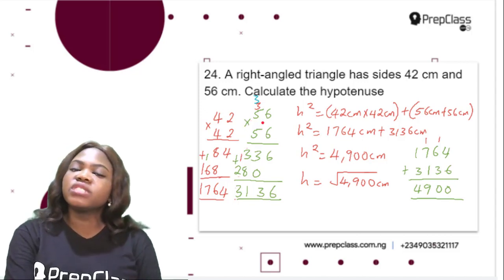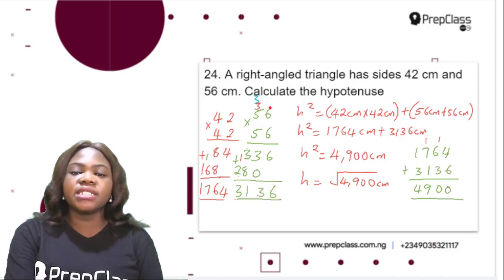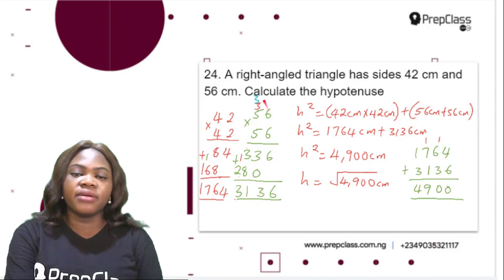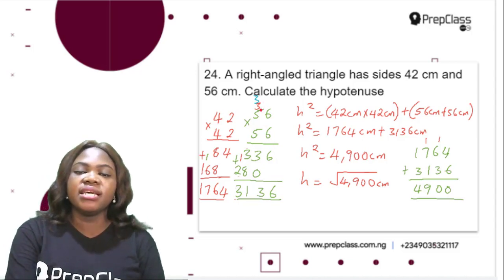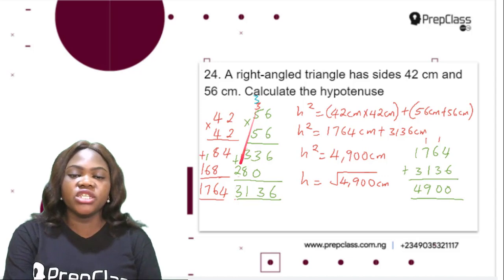Okay, so now let's do 56 multiplied by 56. 6 times 6 is 36. Write 6. Carry 3. 6 times 5 is 30. 30 plus 3 is 33. Then 5 times 6 is 30. Write 0. Carry 3. 5 times 5 is 25. 25 plus 3 is 28.